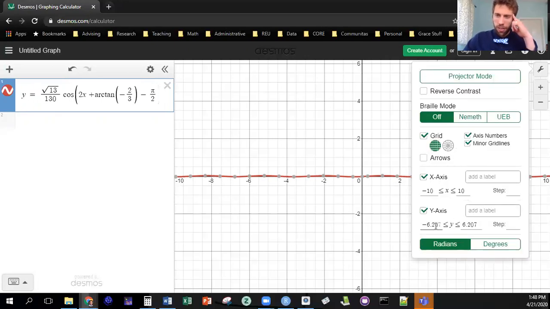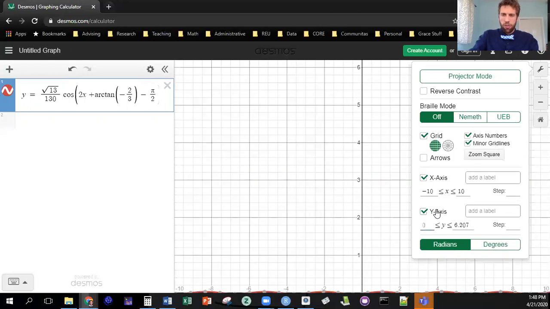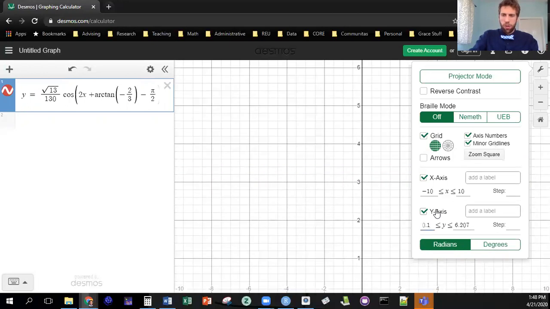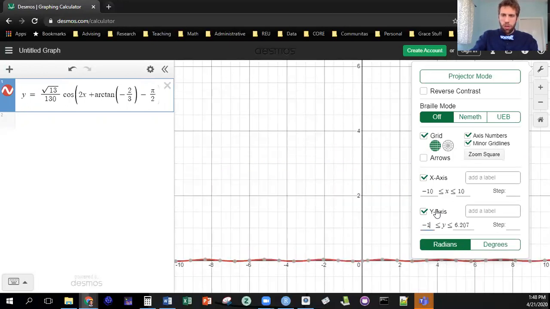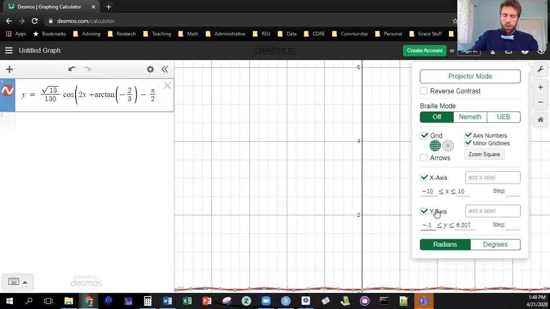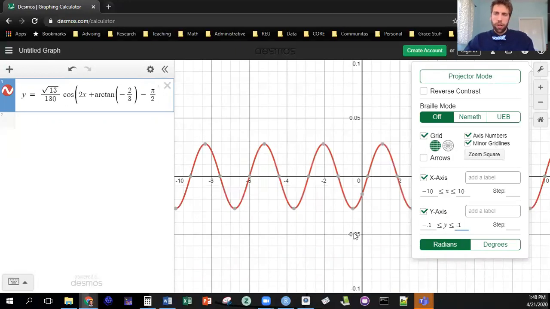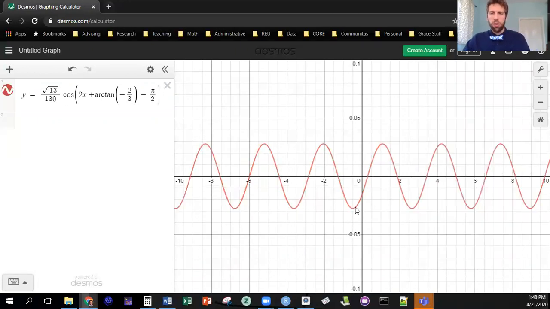Our y-axis should be around negative 0.1 to positive 0.1. There we go. And so then it's off phase in the amplitude.